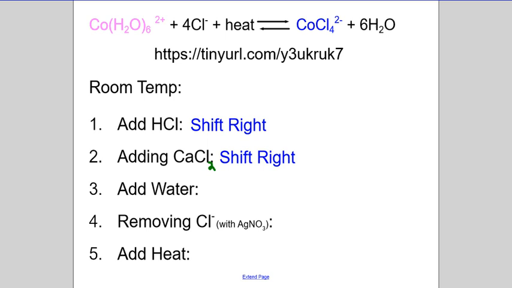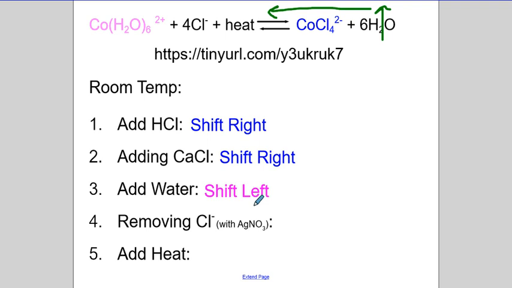From there, he grabs a blue test tube. I just threw it up before I meant to, but he grabs one that is way more of this, and he adds water. So he's adding this product, which causes it to shift this direction. He adds a product which shifts left, and so it shifts left and becomes pink.